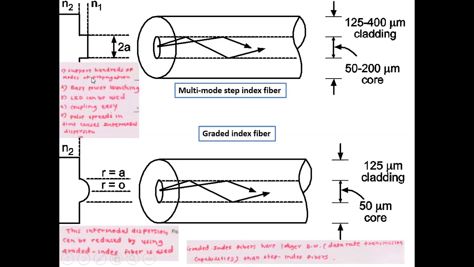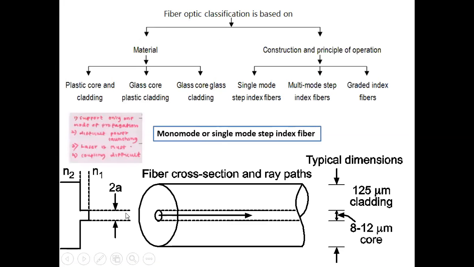So what is the advantage? It supports hundreds of modes of propagation. Number two, easy power launching. Number three, an LED can be used. In single mode step index, what is the main thing? It supports only one mode of propagation. It is difficult for power launching because a laser is a must.